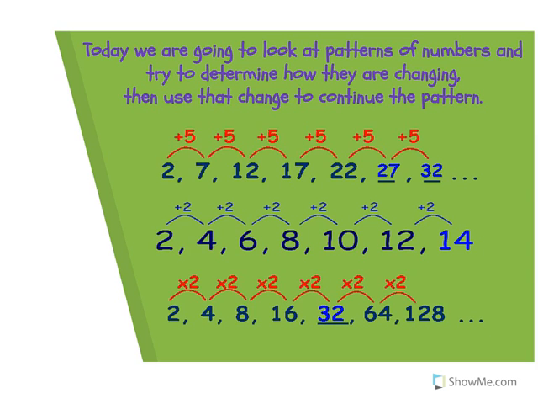Today, we're going to look at patterns of numbers and try to figure out what that common ratio or common difference is. So for example, here's our sequence. We need to look for the pattern.